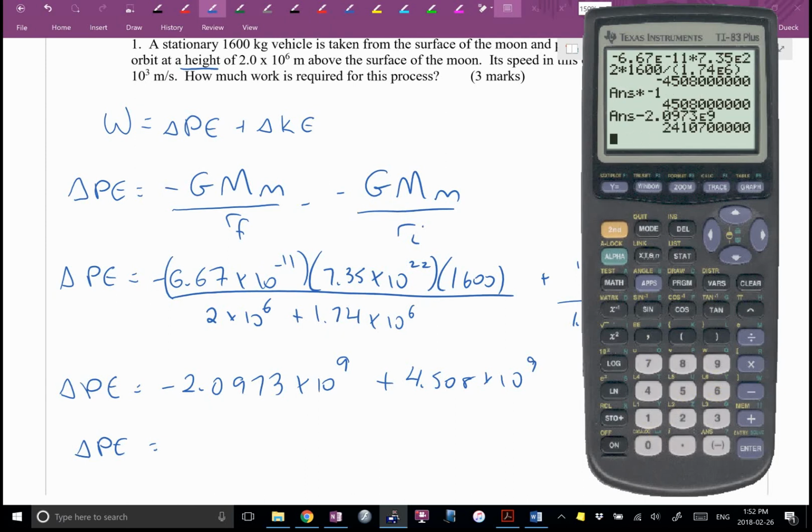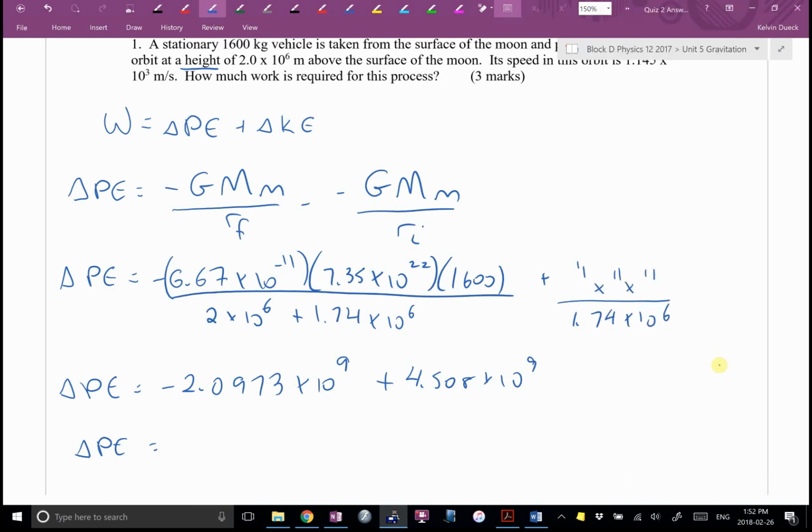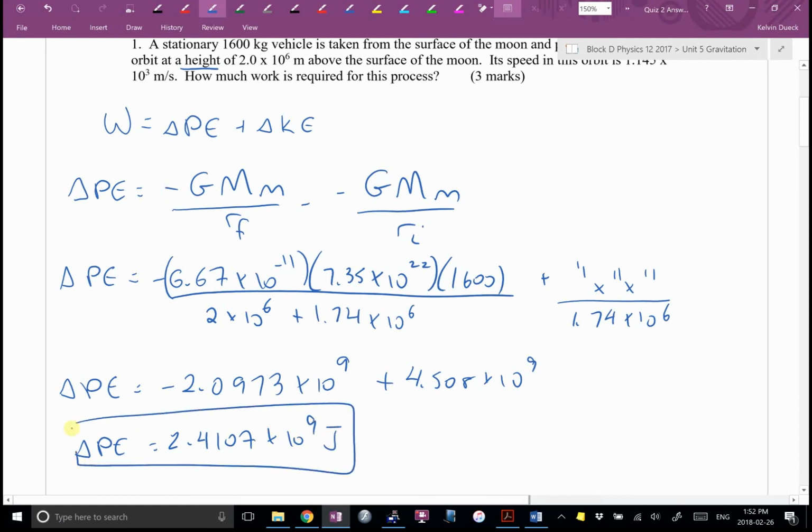And I get positive 2.4107 times 10 to the 9th joules. There's the change in potential. That's how much energy we need just to lift the rocket up to that height.